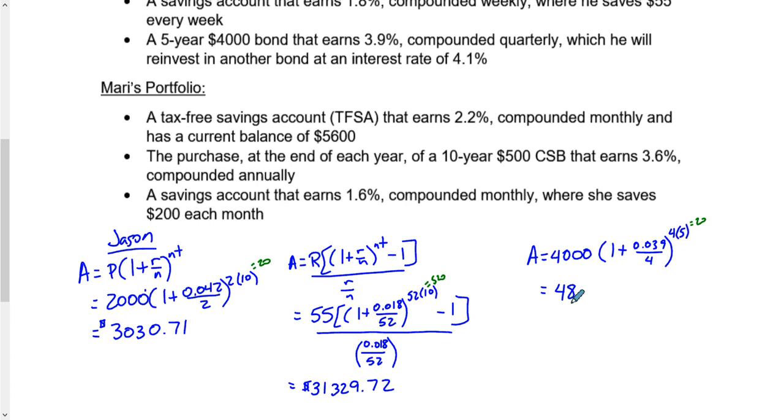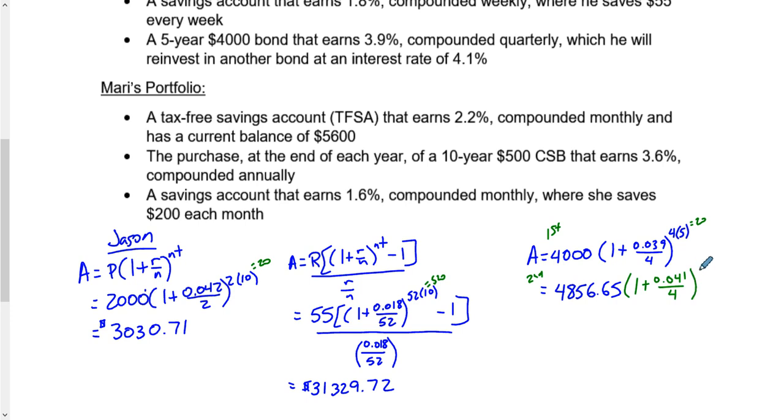We get $4,856.65, but then he reinvests it in another bond at 4.1%. So this would be the first one. The second one, I'm just going to save a little bit of room.